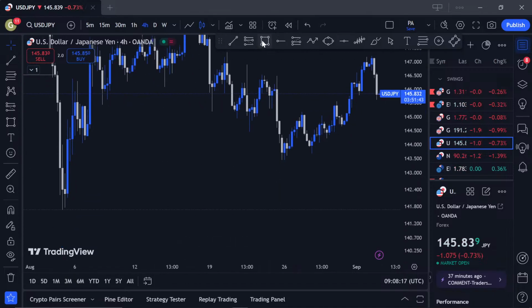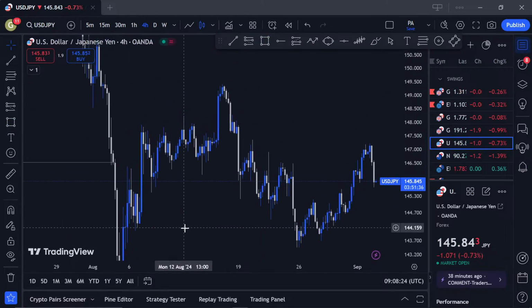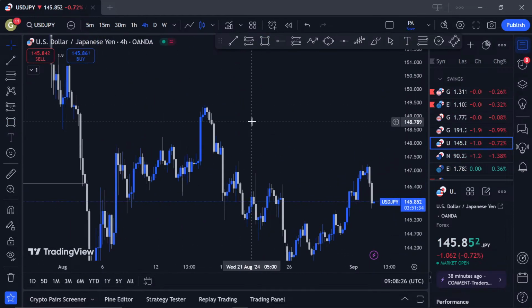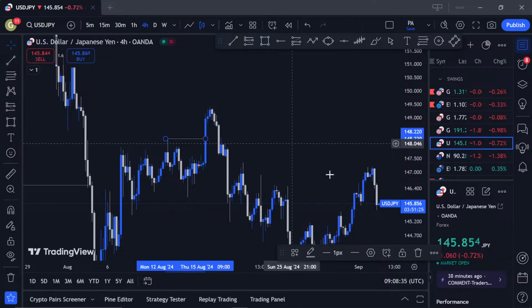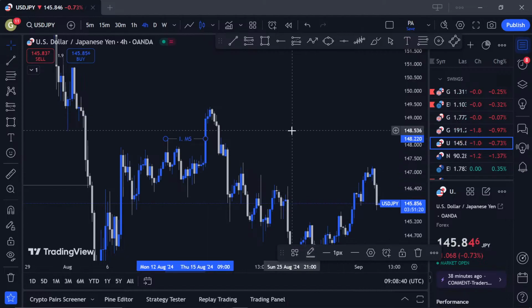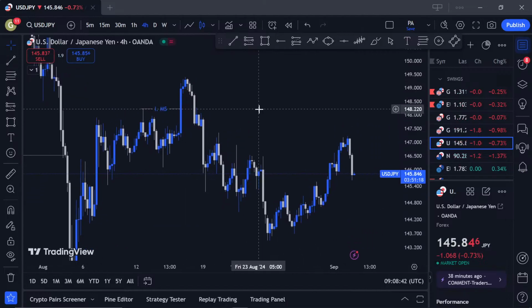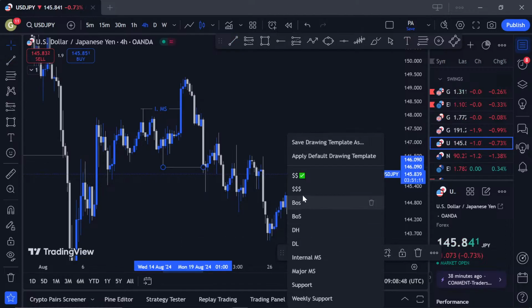On the 4-hour time frame, we clearly have a demand level here. And we can see on the 4-hour time frame that at this point the market created a shift to the upside as well. And then later on, let's see the structures the market is giving to us.